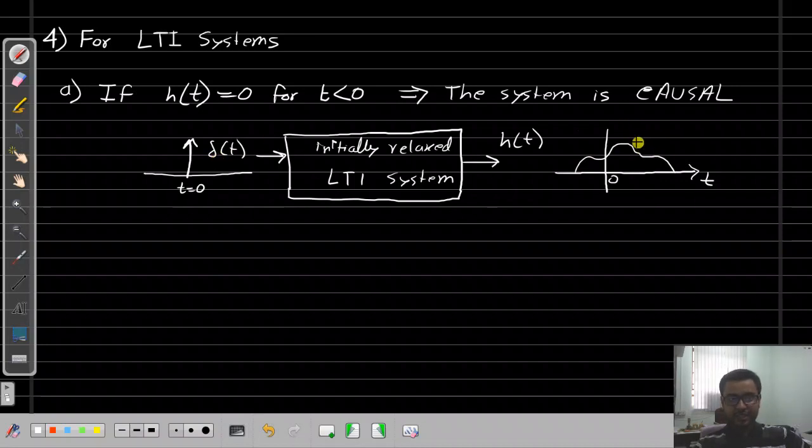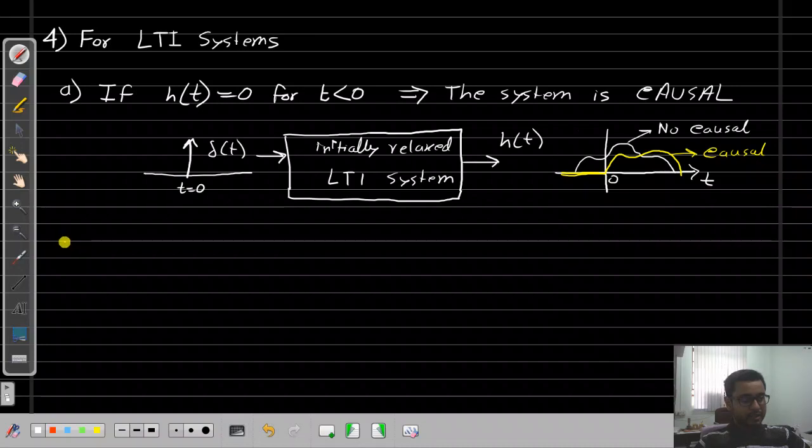So this is non-causal. And if I have an impulse response which is like this, 0 before time 0 when the input is given, then this is causal. So there is no effect before the cause.